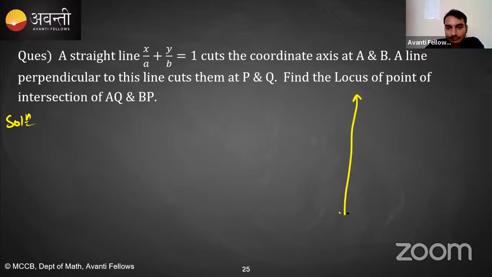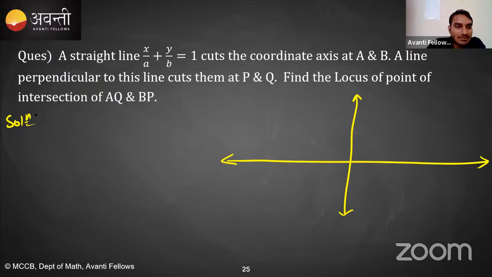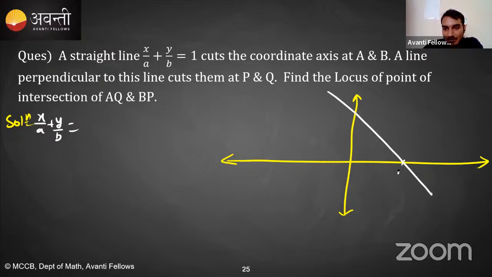This line cuts the coordinate axes at A and B. Actually you can see from this line, x by a plus y by b is equal to 1, this is nothing but the intercept form of the line. So this is a and this is b. So B is (0, b) and A is (a, 0), right? It cuts the coordinate axes at A and B.